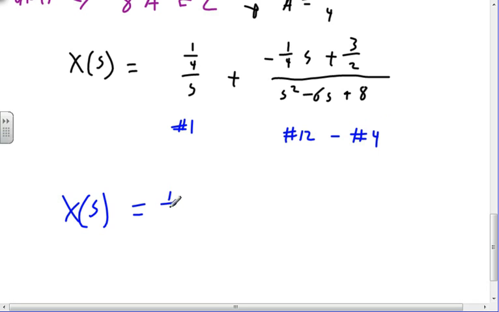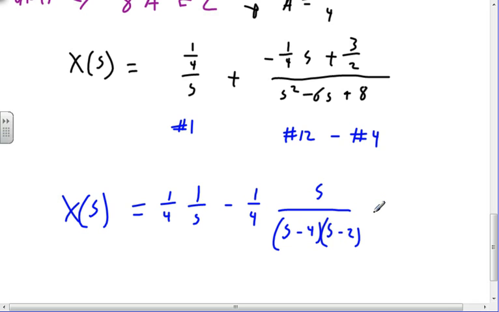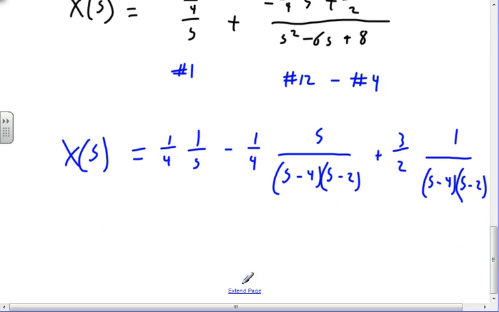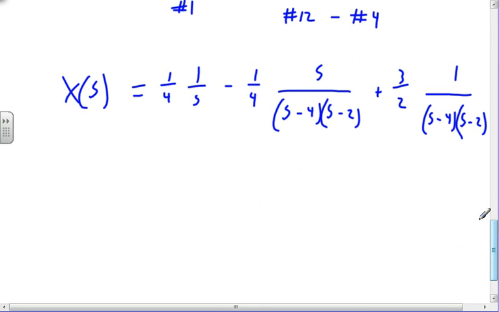So I've got 1/4 times 1 over s, minus 1/4 times s over s minus 4, s minus 2, and then plus 3/2 times 1 over s minus 4, s minus 2. Okay, I'm almost there.